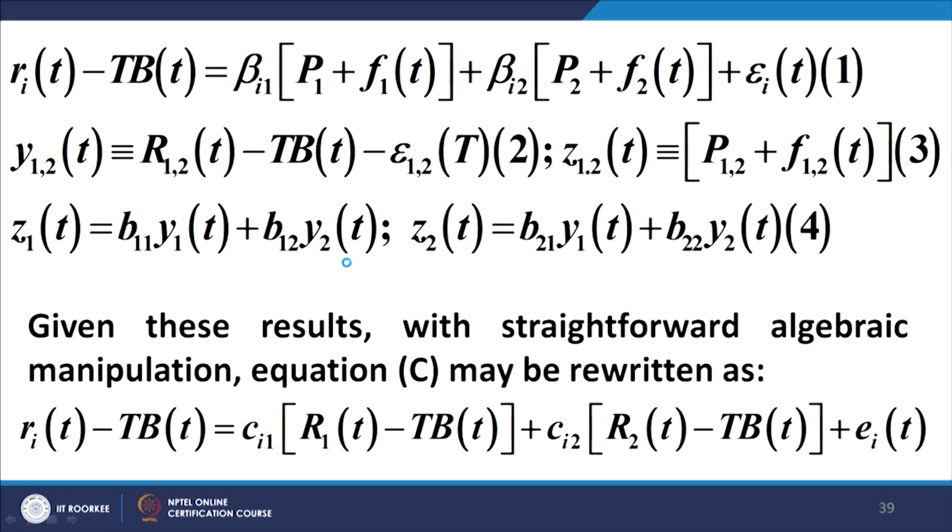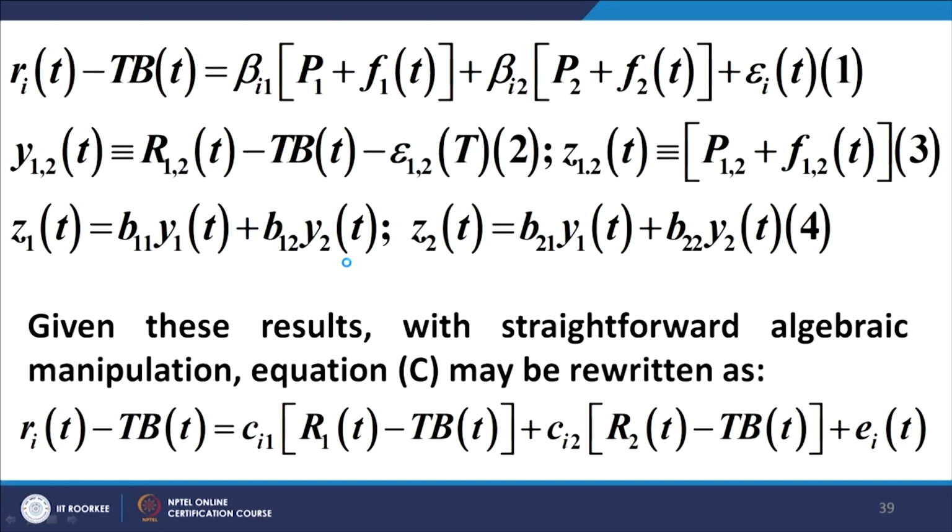And what are y1t and y2t? y1t and y2t contain the representation of the returns on portfolio 1 and portfolio 2, which we need to establish as the factor components or the risk factors.